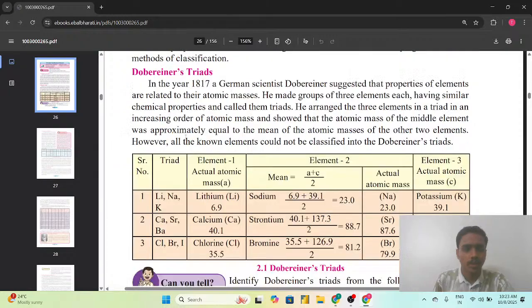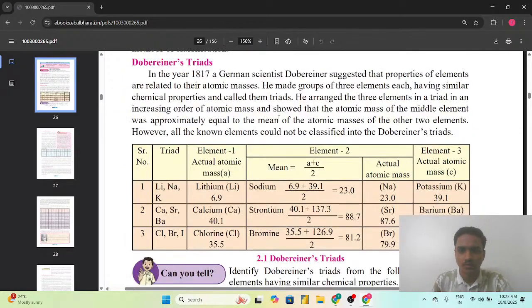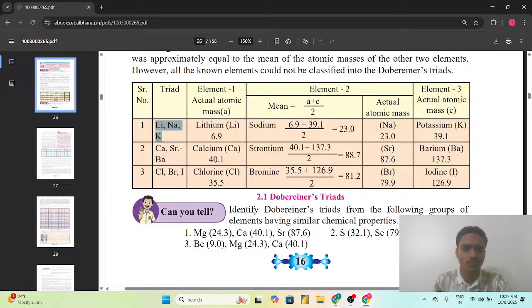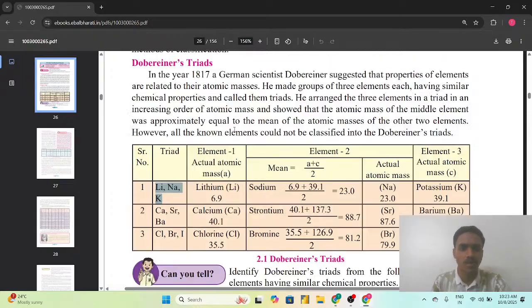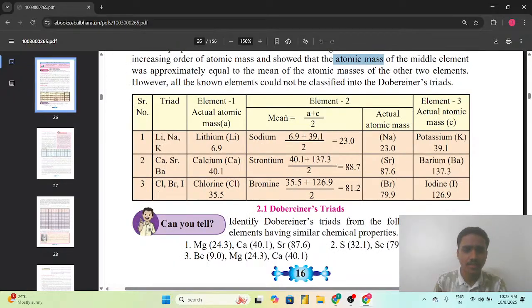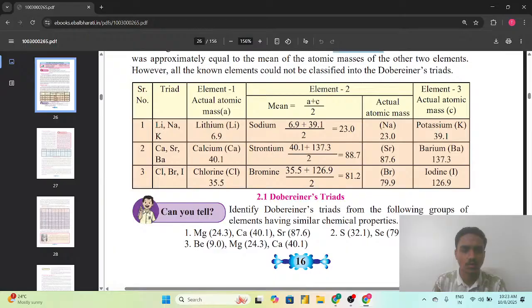So, in the Dobereiner triad, we have seen that Dobereiner tried to make groups of three elements, and he used atomic mass as the property for the classification of the elements in the periodic table. He calculated that the mean of the atomic masses of the two extreme elements is equal to the atomic mass of the middle element.